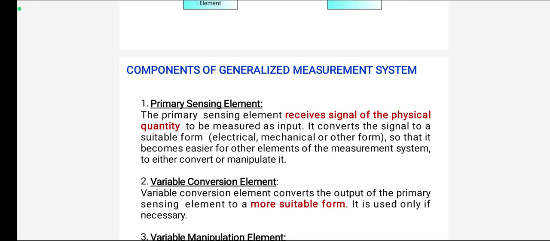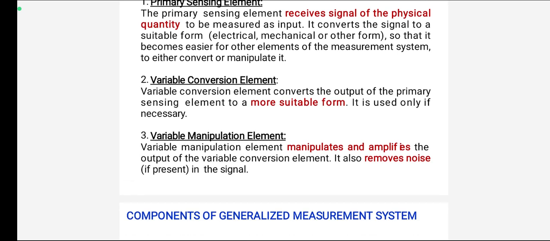Next one, variable conversion element. The variable conversion element converts the output of the primary sensing element to a more suitable form. It is used only if necessary.